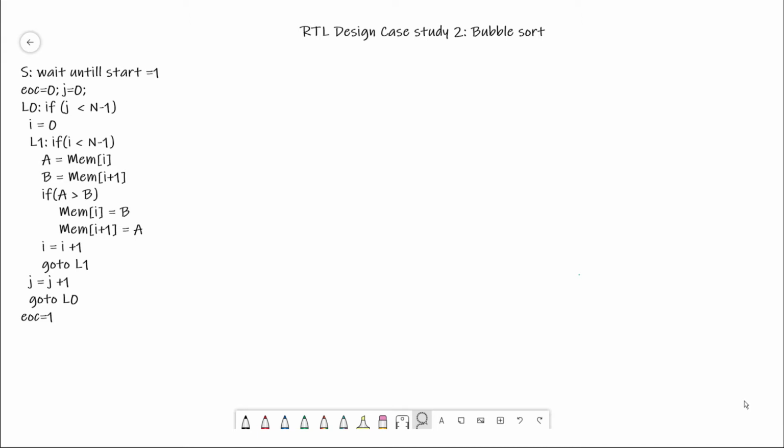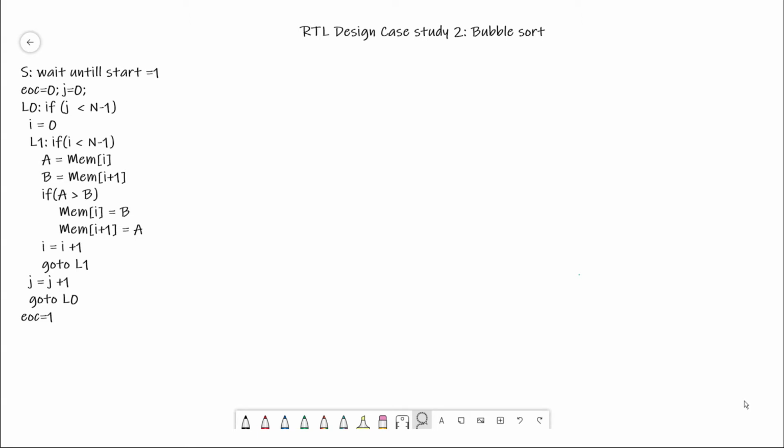So if A, the memory content at the ith address, is more than the i plus 1th content, then we will swap it. So in mem i it will become B, and in mem i plus 1 it would be storing A.